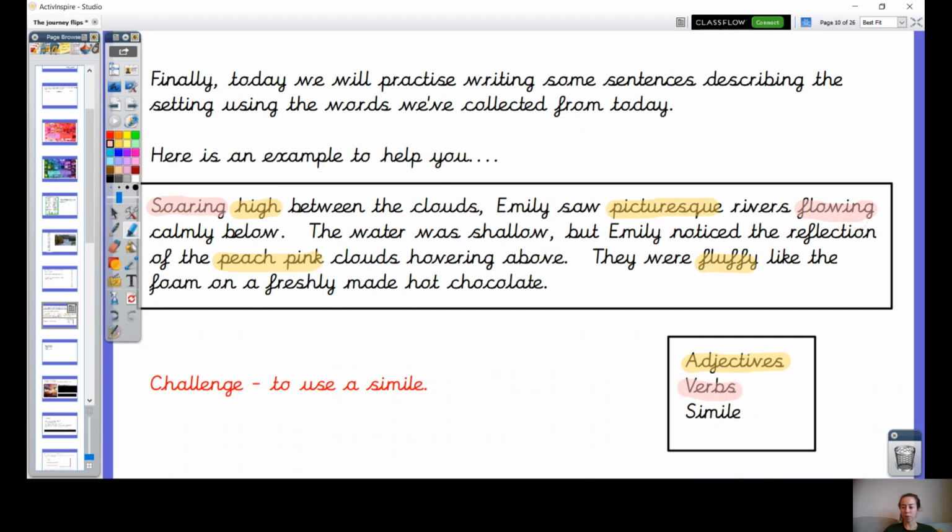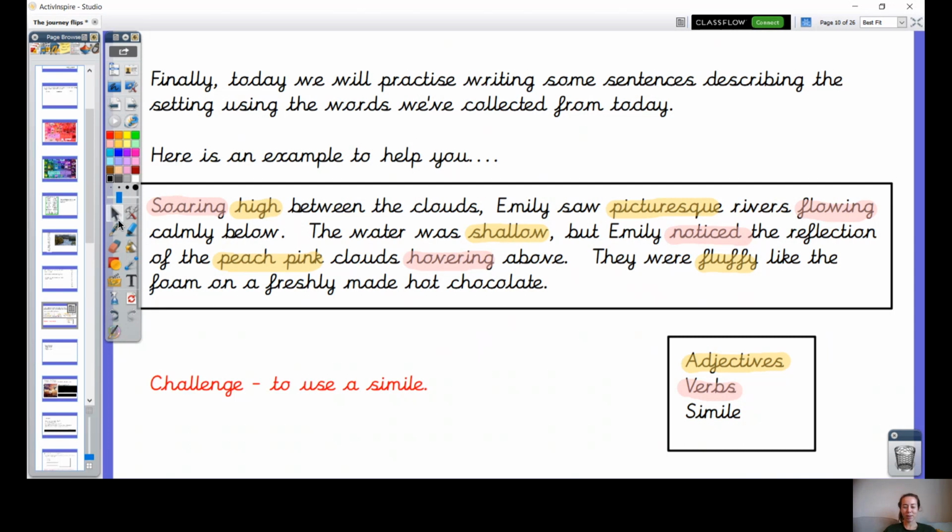Can you see how our verbs often have ing or ed on the end? Calmly below. The water was shallow, but Emily noticed the reflection of the peach-pink clouds hovering above. They were fluffy like the foam on a freshly made hot chocolate. I've just spotted another adjective I missed before. Perhaps you spotted that one.